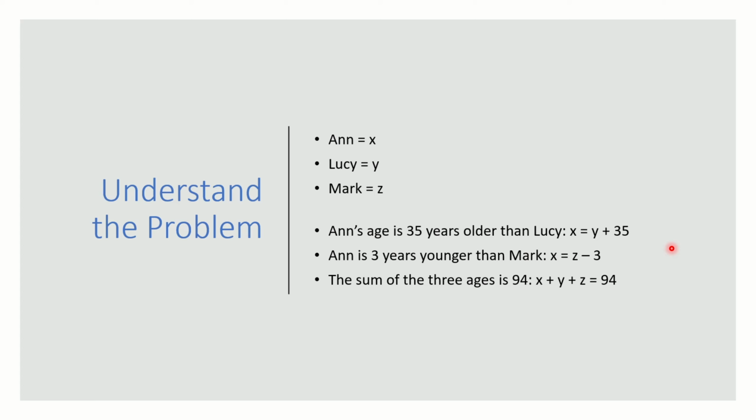And lastly, the sum of the three ages is 94. So we can translate this as x plus y plus z equals 94. At this stage, we understand what information we have and what we need to find. And our goal is to solve for Anne's age, which is x.